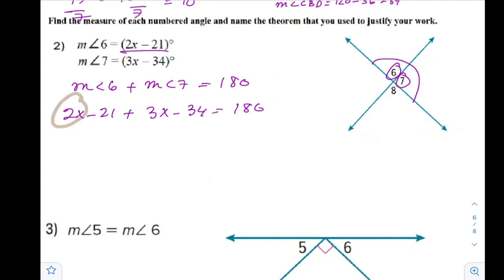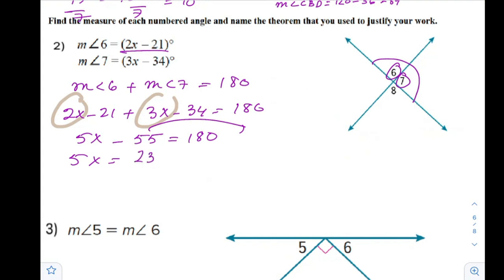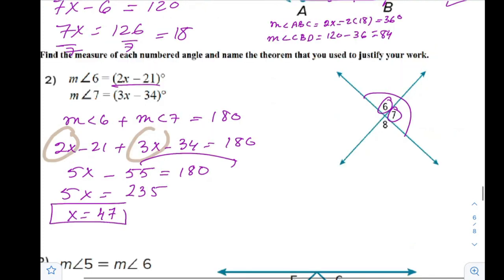And we have 2x plus 3x, which is 5x, minus 21, minus 34, which is 55. So 5x is 180 plus 55, which is 235, divided by 5, which is 47. This is x. So how can you find the measure of angle 6?